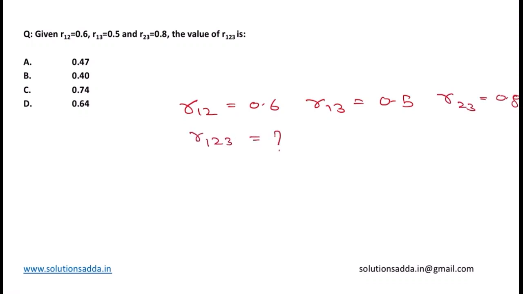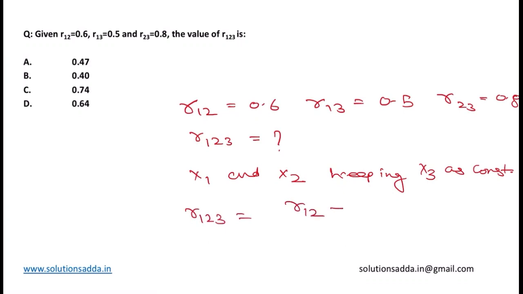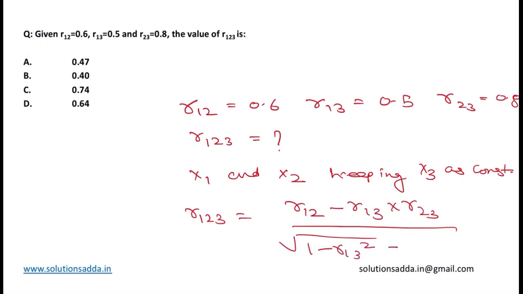The partial correlation coefficient between x1 and x2, keeping x3 as constant, is given by R12 minus R13 into R23, divided by square root of 1 minus R13 square multiplied by square root of 1 minus R23 square.